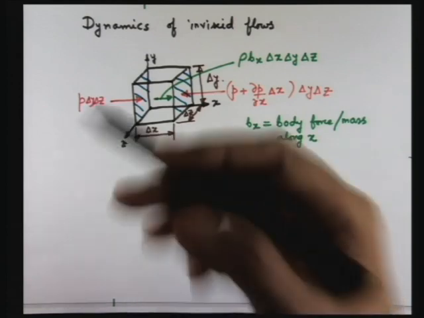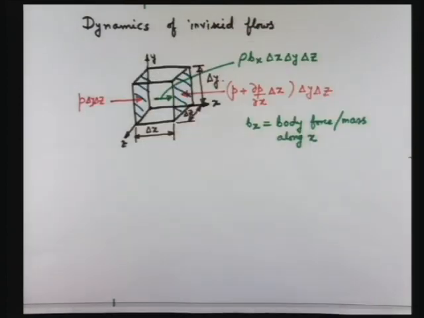You can show forces along y direction, z direction and so on, but because these are independent equations, for writing equation of motion along x, you require only forces along x. You do not require other components of forces. Body force may have 3 components, x component, y component and z component, but we are only showing the x component because we are planning to write the equation of motion for the x direction.